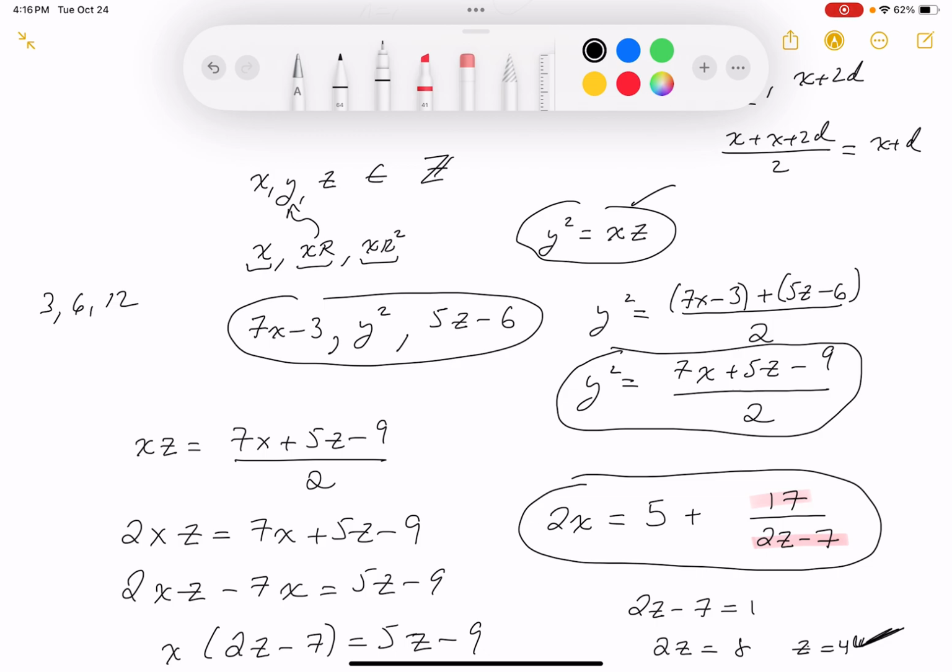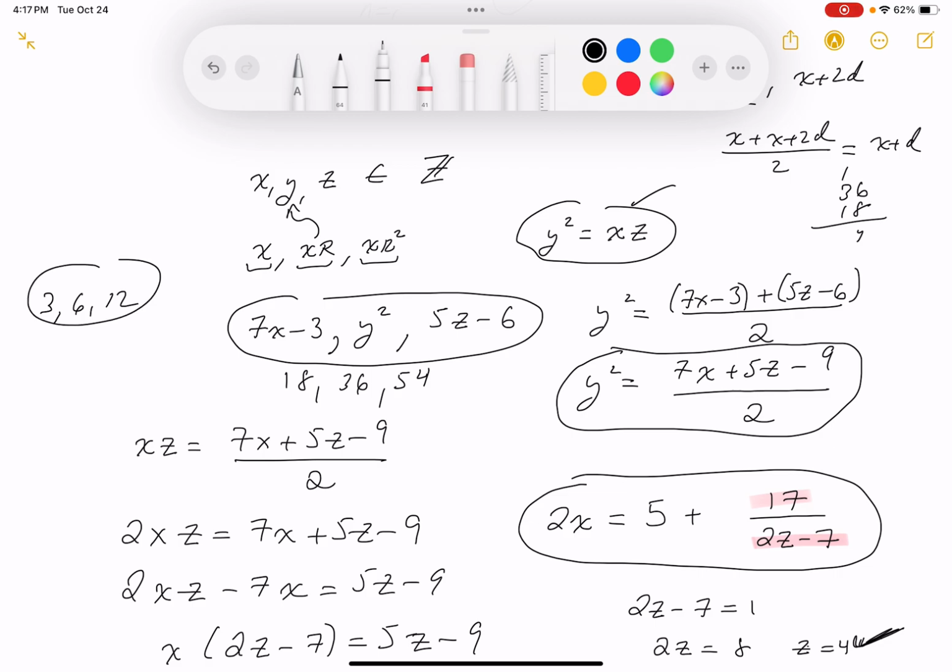So what'd you get? 21 minus 3 is 18. Y squared would be 36. 5 times z would be, let's see, that would be 54, right? Now, was that arithmetic? Are they going up by the same amount? 18 plus 18 is 36. 36 and 18, well, it's 54.